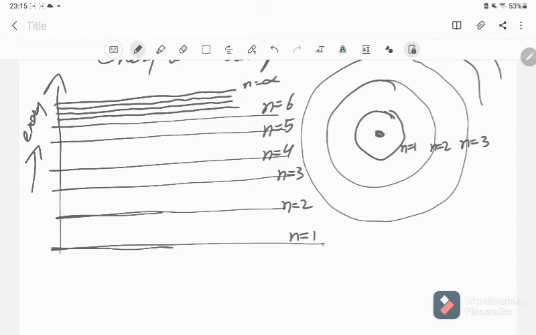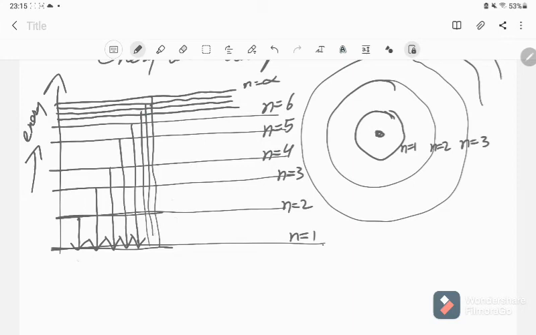So when an electron jumps from all the other levels to the ground, the first energy level, like this, till infinity, we have some series.